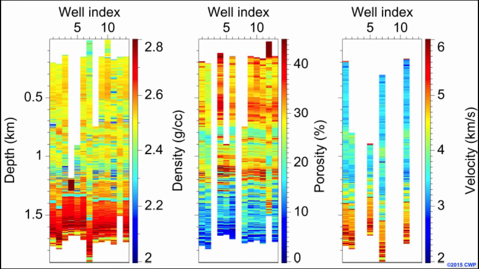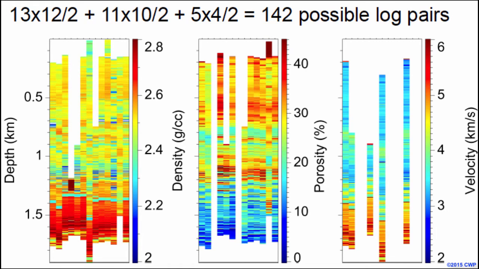To do this, we again begin by performing pairwise correlations between all possible log pairs within each individual log type. This results in 142 different log pairs. From these pairwise correlations, we again get sequences of corresponding depths.